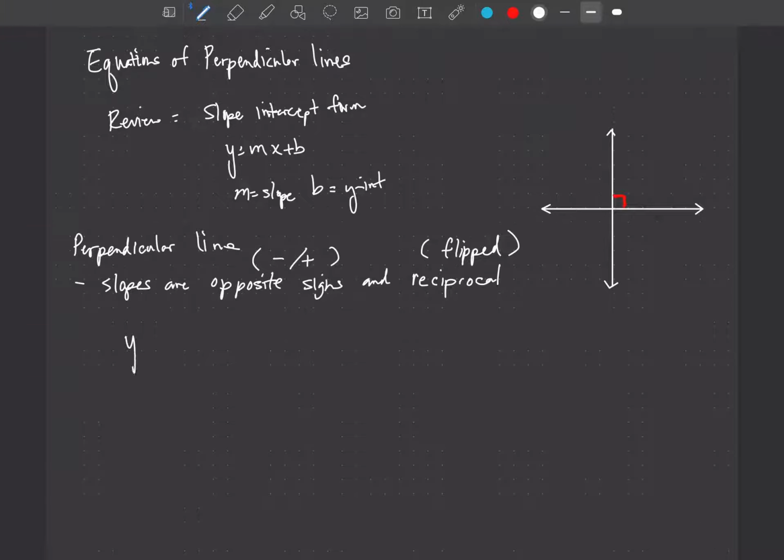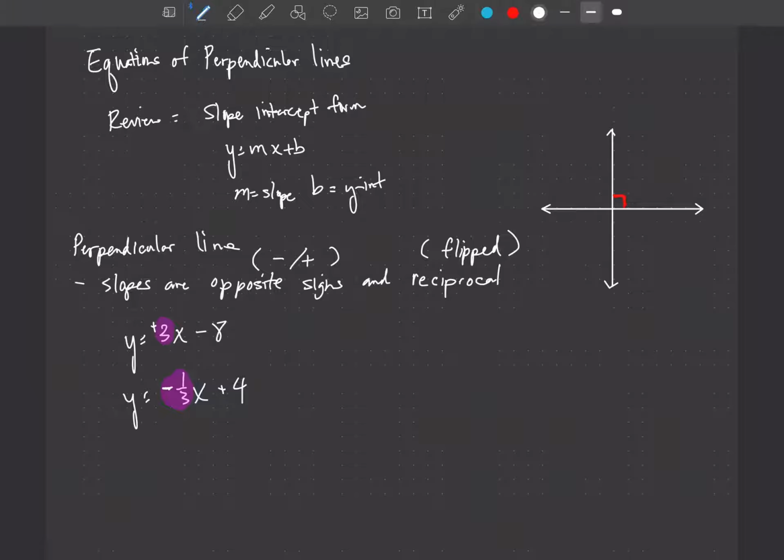y equals 3x minus 8. y equals negative 1/3 x plus 4. Looking at just the slopes, we're going to have 3 and negative 1/3. As I compare the slopes, I can see that the signs are opposite of each other. So this is positive, and then this is negative.